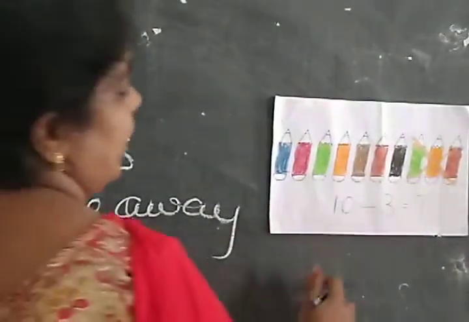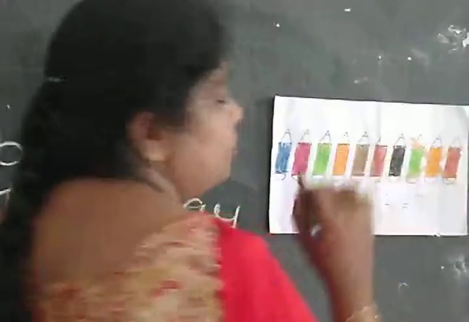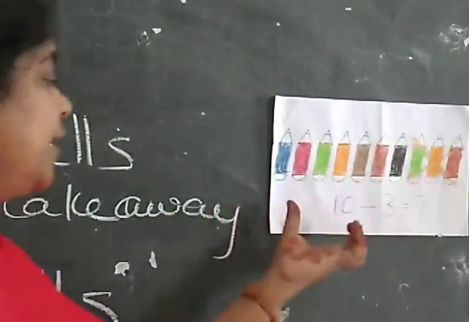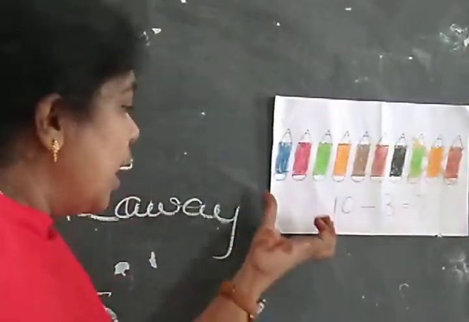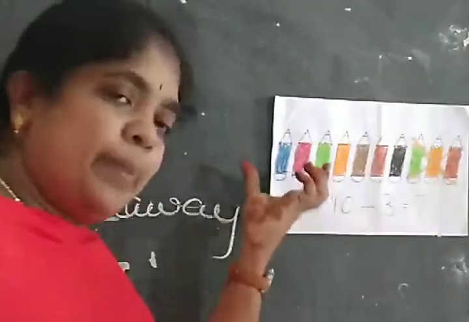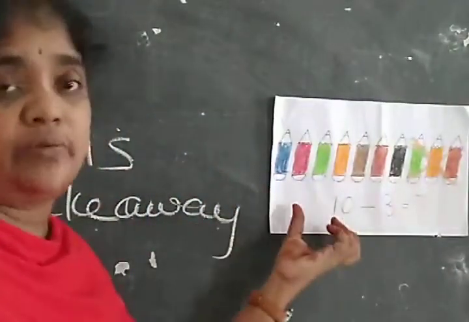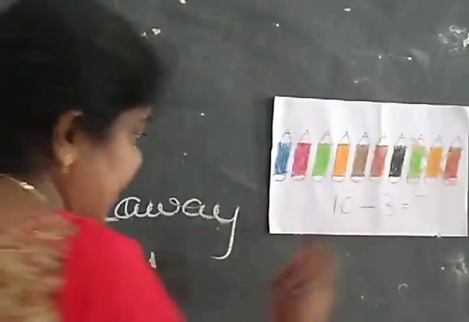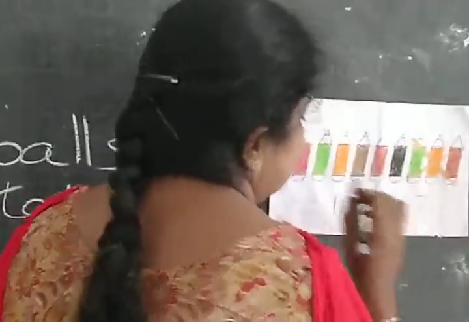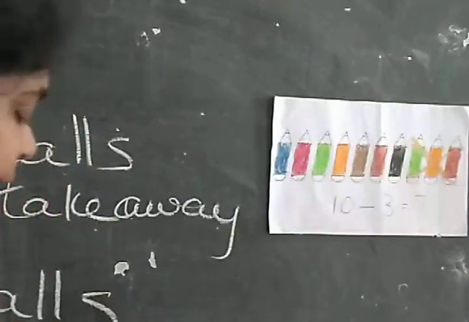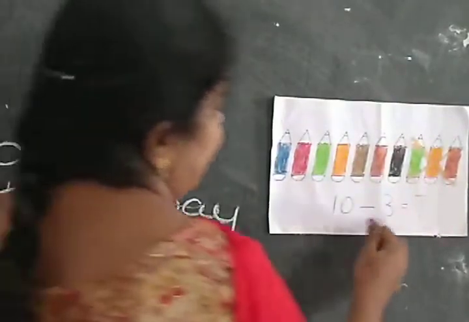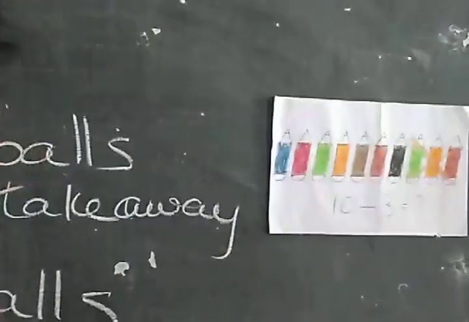See how we can write this. There are 10 colored pencils. The total quantity we write first. Minus. This is the symbol for subtraction. We read this as minus.